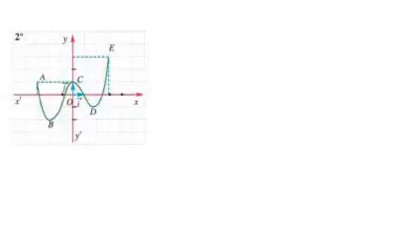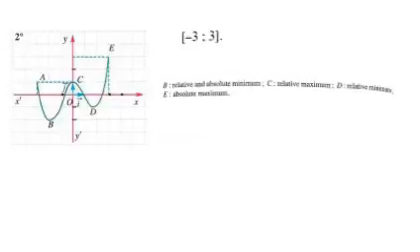Okay, let us go for the second one. In the second one, the interval is from -3 till 3. At the point B, we have a relative and absolute minimum. At the point C, we have a relative maximum. At the point D, we have a relative minimum or local minimum, and at the point E, we have an absolute maximum.